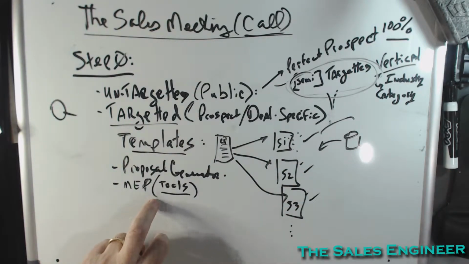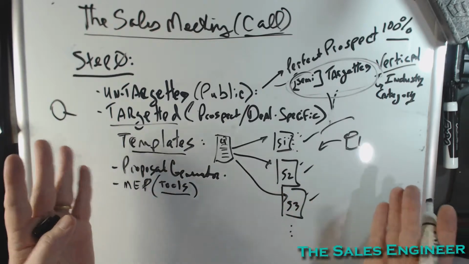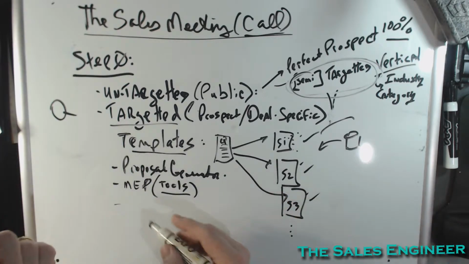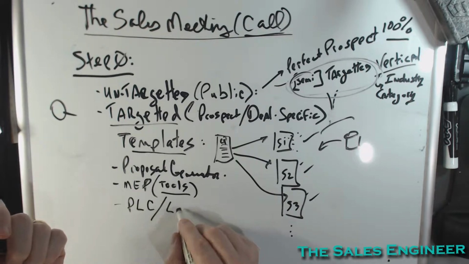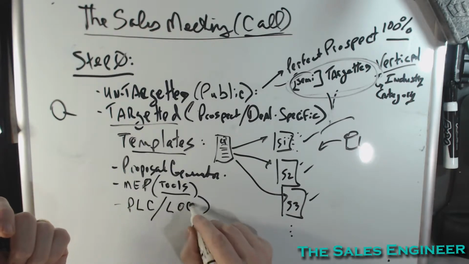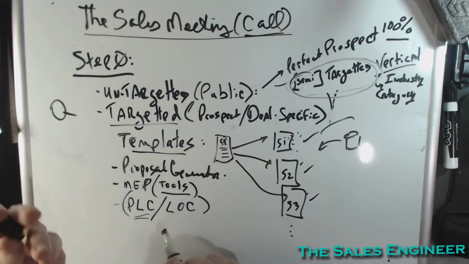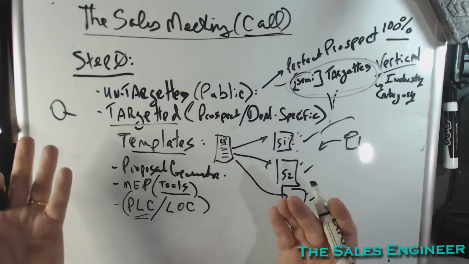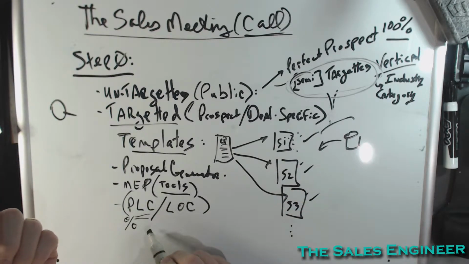Now, the other tool that I haven't talked about yet in any of these lectures is either the PLC or the LOC. I prefer PLC because I don't do any PLC programming, but LOC sounds like location. It's the percent likelihood of closing, or the likelihood of closing.